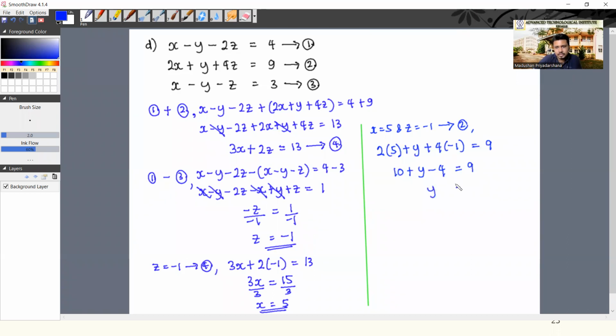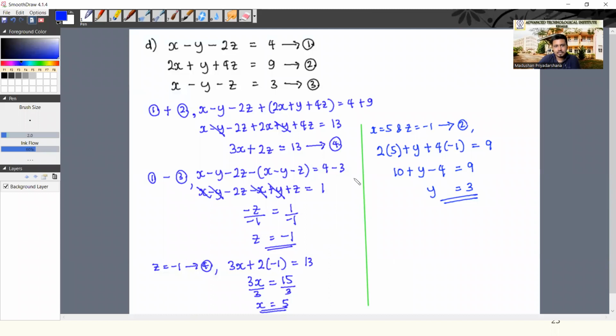So y equals, take this minus 4 to this side, it will become plus 4. So 9 plus 4, 13. 13 minus 10, that is 3. y equals 3. So the value of x equals 5, y equals 3, and z equals minus 1.